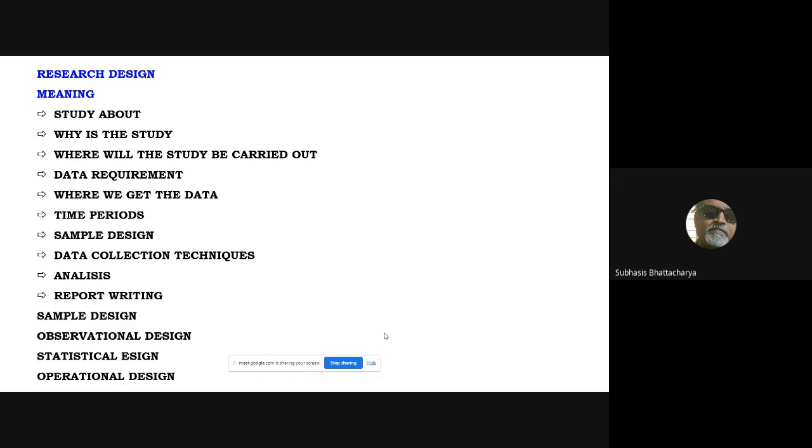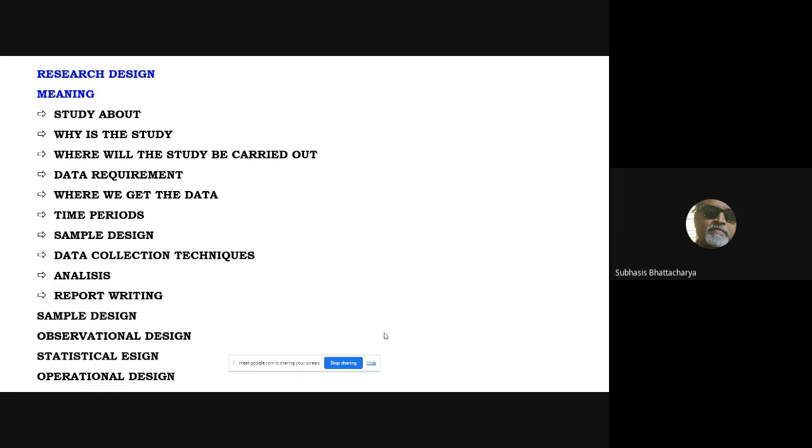Then you have to do some sampling design. So for a secondary data set, the sampling design is not needed, this is not the thing. You can consider the NFHS 5 data set, and from that data set you can choose some sample by properly designing your sampling work. That is your sampling process.